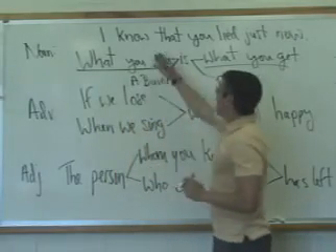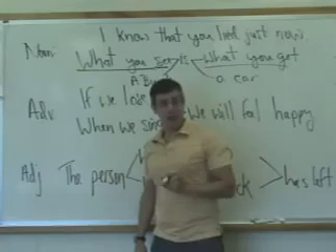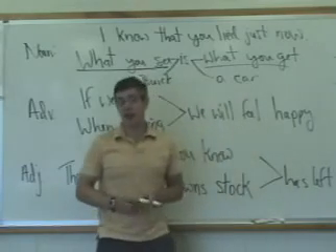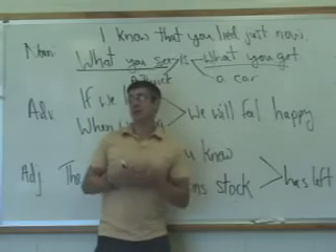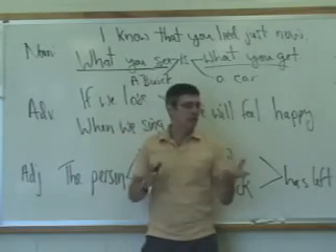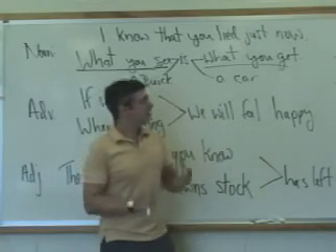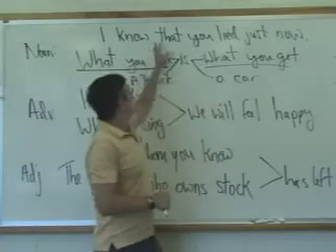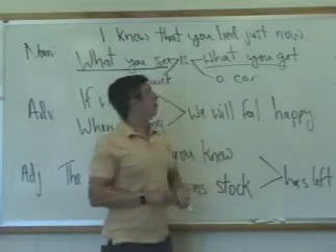Another example, I know that you lied just now. So consider a substitute sentence. I know a secret. A secret, that's a noun phrase. Secret is a noun. Here, I know that you lied just now.